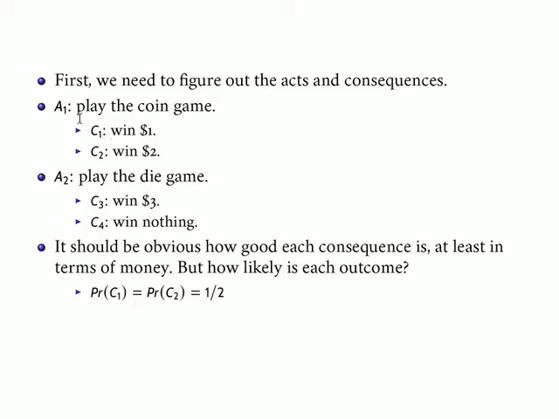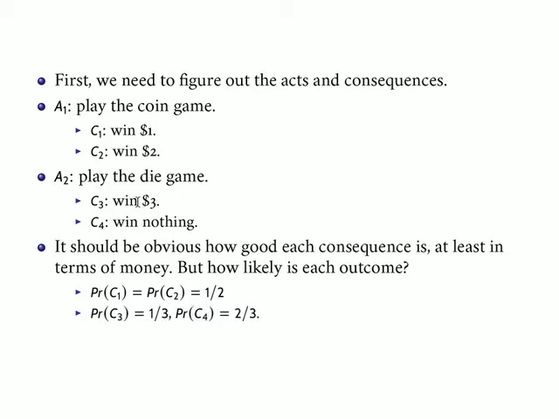So because in the first game we're flipping a fair coin, the probability of either of these outcomes, that you win $1 or win $2, is 1/2, okay? Because the fair coin lands heads half the time and tails half the time.